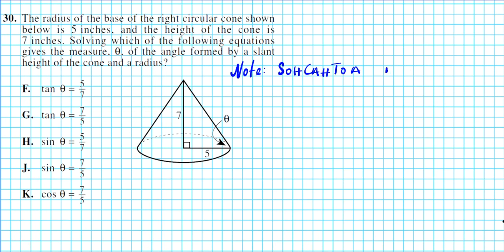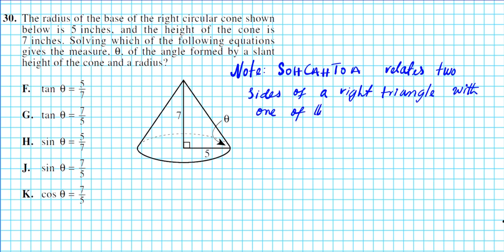Basically, SOHCAHTOA relates two sides of a right triangle with one of the acute angles. So you really have to remember this. SOH means sine is opposite over hypotenuse, CAH is cosine is adjacent over hypotenuse, and TOA, tan is opposite over adjacent.